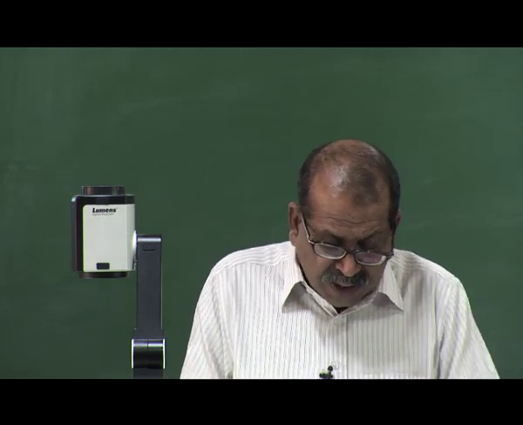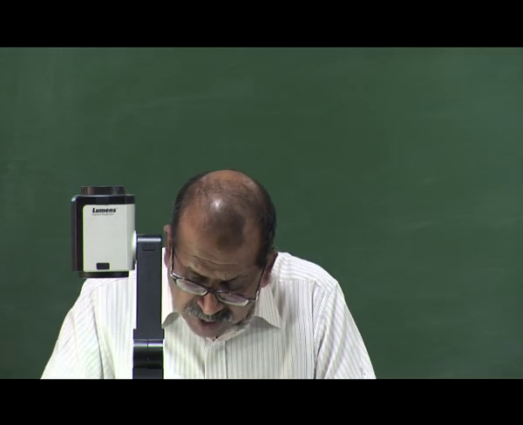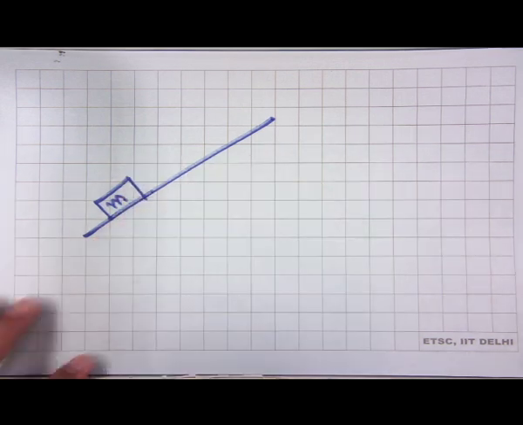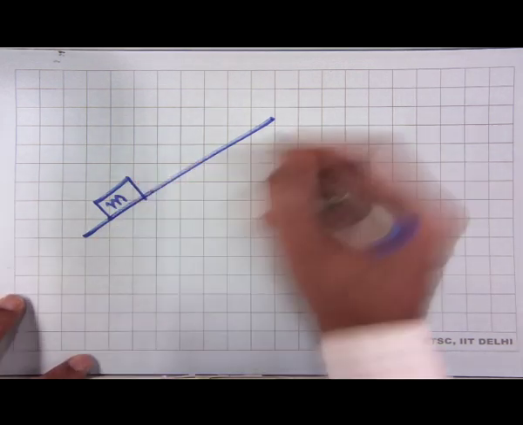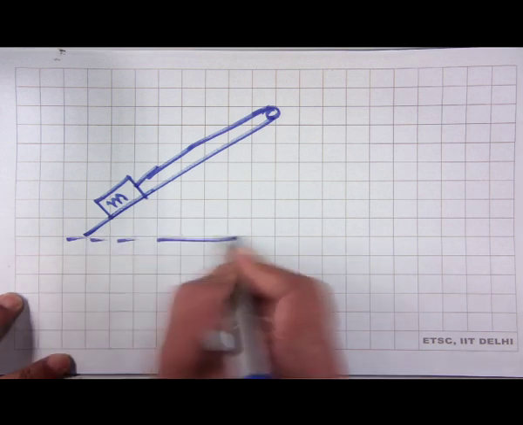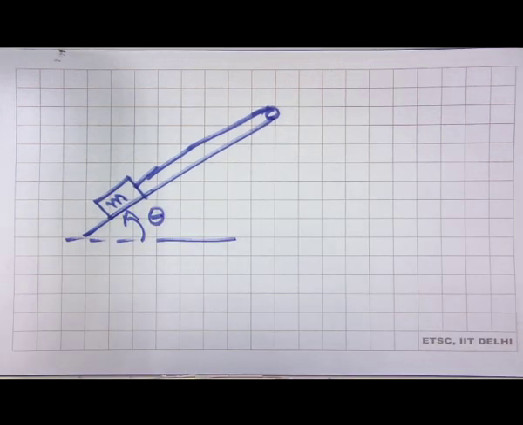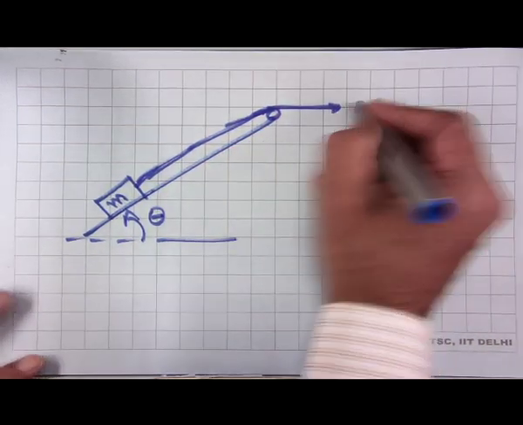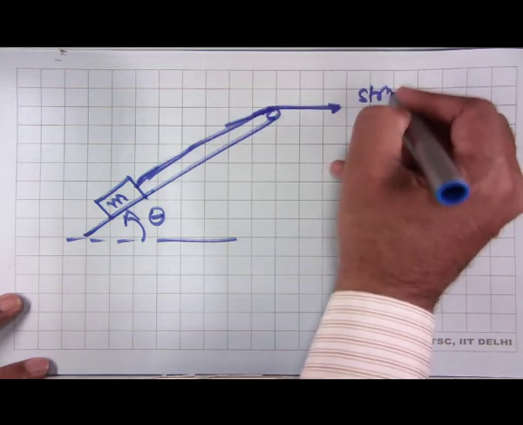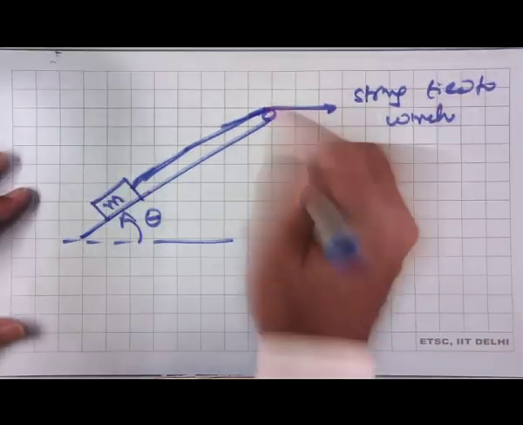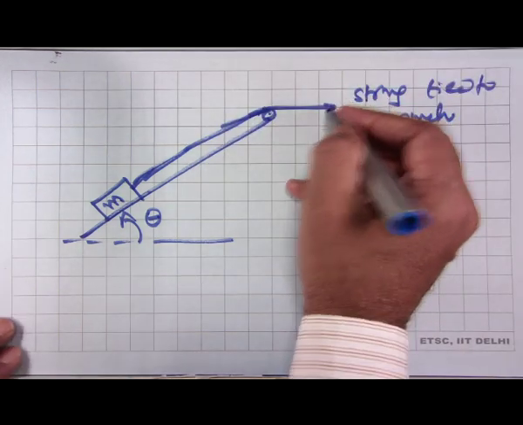Maybe we can have a look at another example where we have an inclined slope, and a block of mass m being pulled with a string over a pulley. This incline is at an angle theta, and the string is tied to a winch.